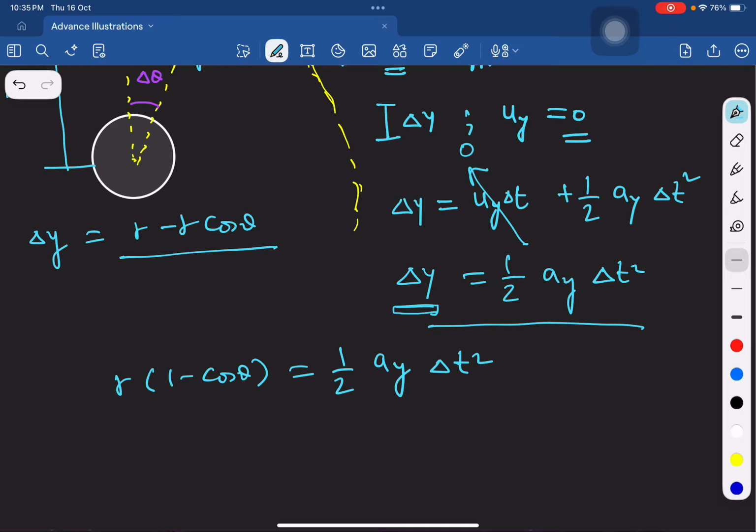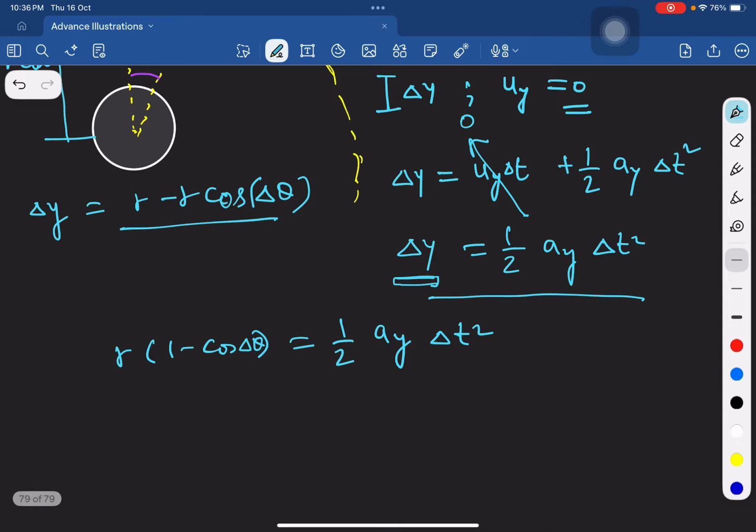This is cos delta theta, and here also let me replace this. So this is actually going to become delta theta. Now this delta theta is very, very small. So for a very small journey guys, we are analyzing this part.